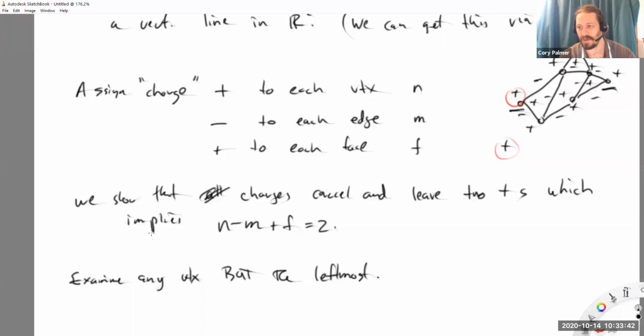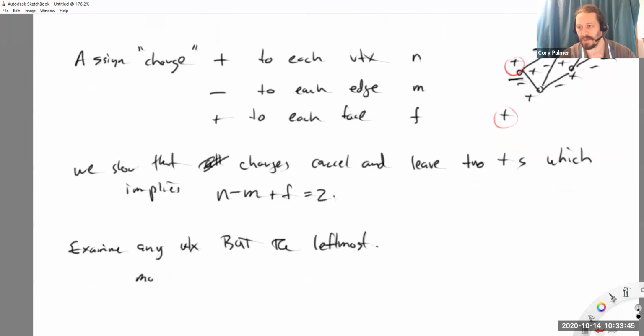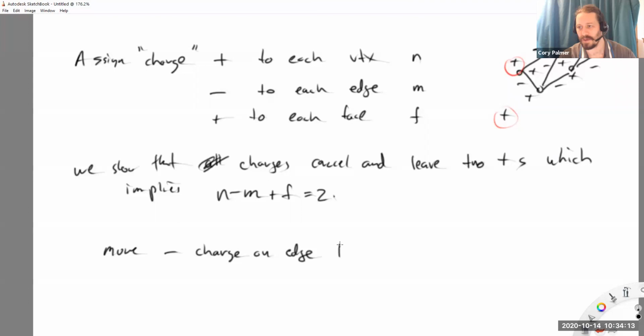I'm going to explain the procedure and then we'll examine the vertices after. So move the negative charge on each edge to the right vertex.